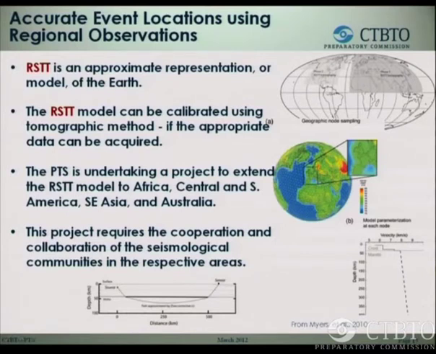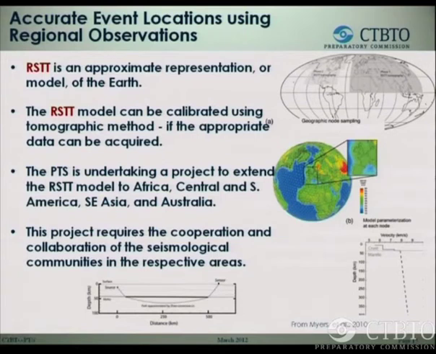The approximation was developed explicitly so that if we have the data, which are these seismic travel times associated with well-located events, then we can apply tomography techniques to extend the RSTT velocity model. This means that we can calculate new velocities for paths between our ground truth sources and stations where the event is observed, and by crossing path methods similar to a tomography method that you'd see in your doctor's office, we can derive a velocity model for the Earth.